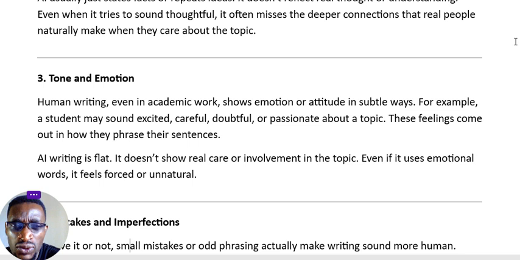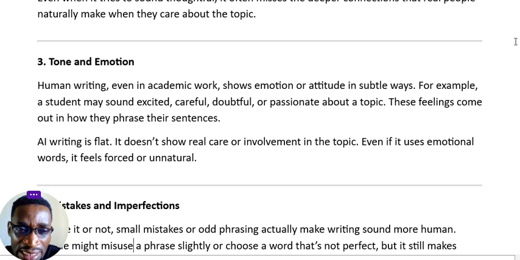For example, a student may sound excited, careful, doubtful, or passionate about a particular essay topic. These feelings come out in how they phrase, how they write, how they articulate, even the entire writing. You see it. The emotions of that student come to play.